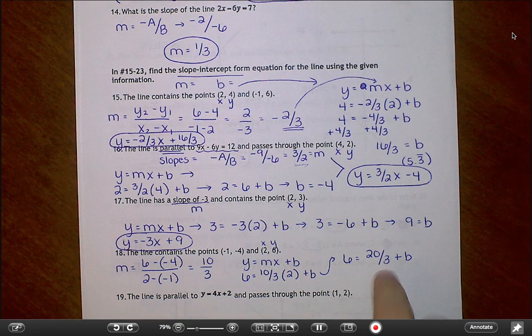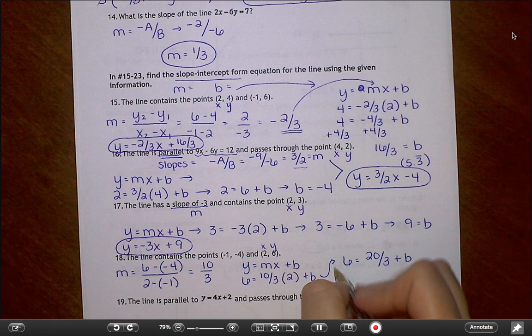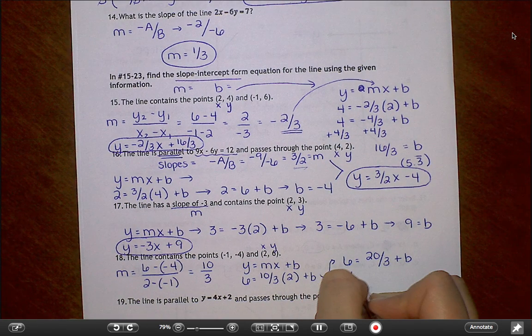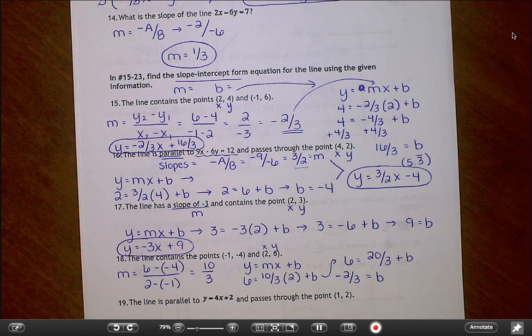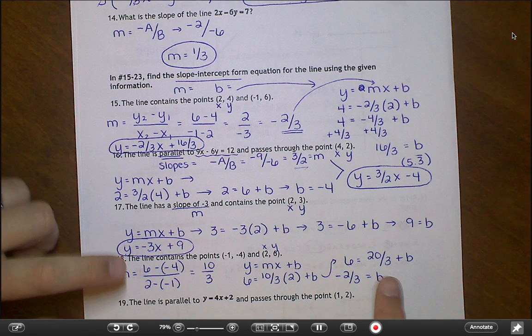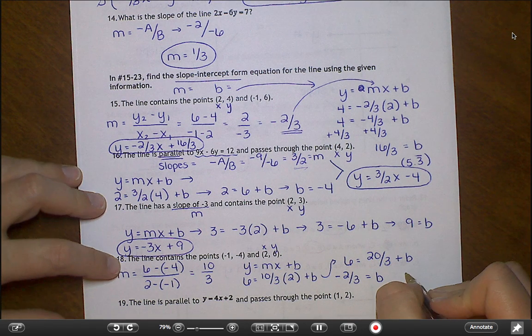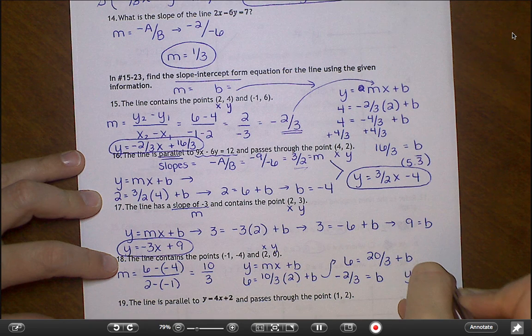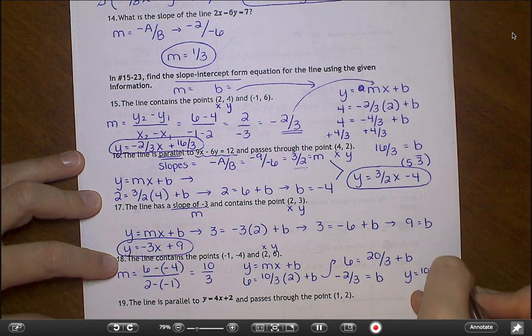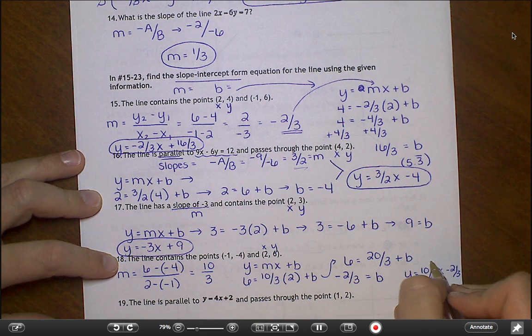I would subtract 20 over 3 on each side, and I believe that gives me negative 2 over 3. You could check that in a calculator, but so I get negative 2/3 for b. Put these two things together for an equation, and I get y equals 10/3 x minus 2/3.